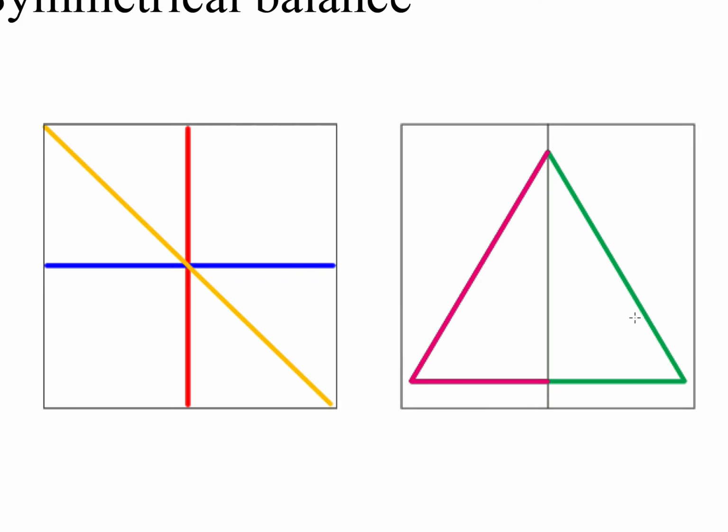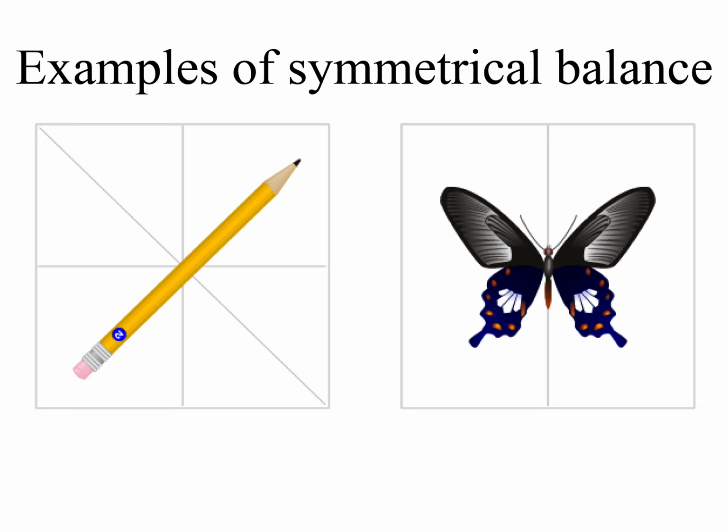If you were to cut this way, though, it's no longer symmetrical. So not everything is perfectly symmetrical, but here are some examples. This pencil, obviously, one end has an eraser and one end has the lead tip, but it's symmetrical on the page in terms of balance. And same with the butterfly.